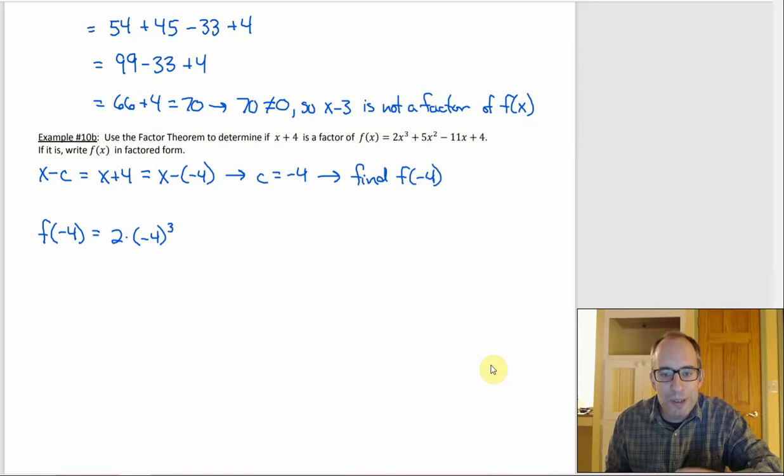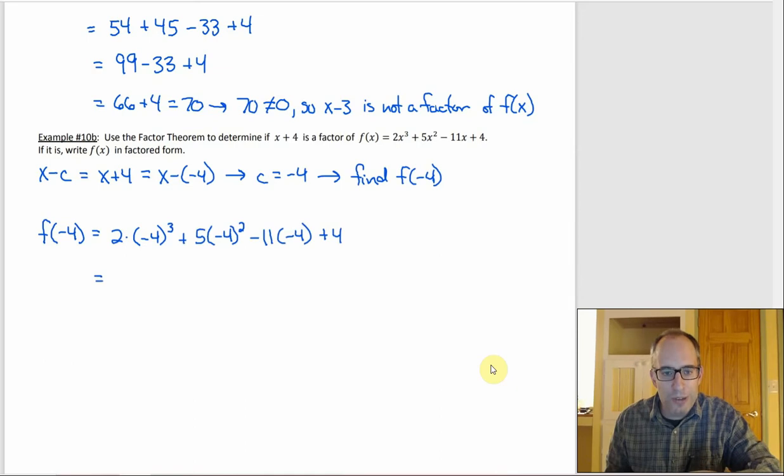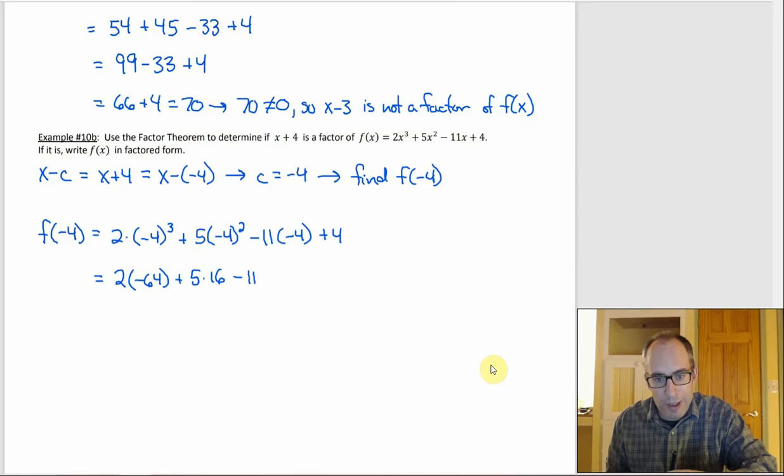So 2 times negative 4 cubed plus 5 times negative 4 squared minus 11 times negative 4, and then plus 4. Okay, powers. Negative 4 to the third is negative 64. So you have 2 times negative 64 plus 5 times negative 4 squared, that's 16, and then minus 11 times negative 4, and then plus 4.